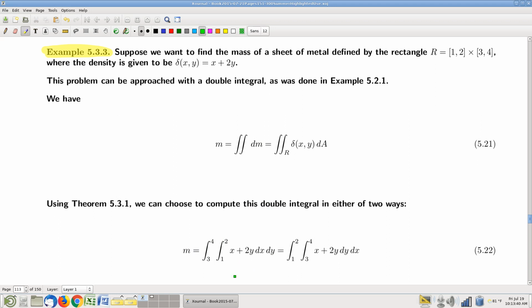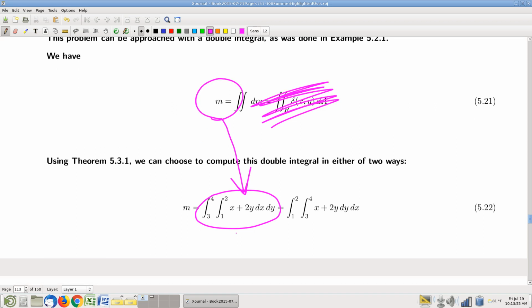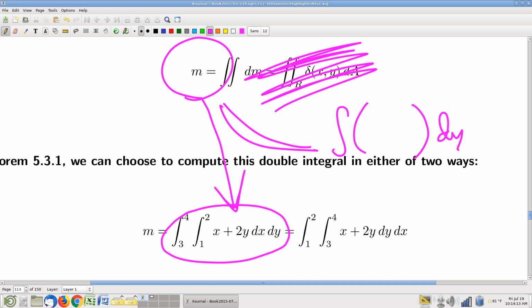But if I were to get a little too aggressive and say, phooey on this, we don't need that, let me try to motivate directly that mass is an iterated integral. Let's think about what that argument would look like. Well, what would be the first thing I would write down? Mass is an integral of something times dy. Well, the total mass is what times dy?